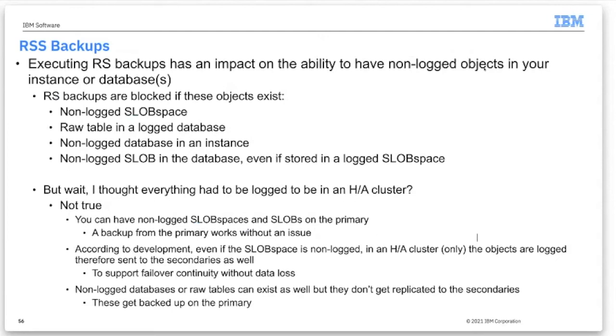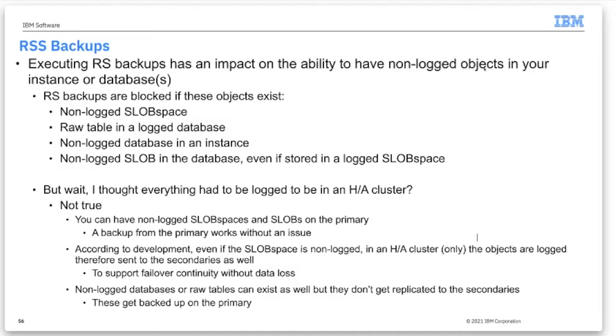You may be saying, but wait a second, I thought to use the HA cluster, everything had to be logged. And that's not true. You can have non-logged slobs and non-logged smart large object spaces on the primary. And the backup on the primary will capture all of that information because it's capturing all the used pages.